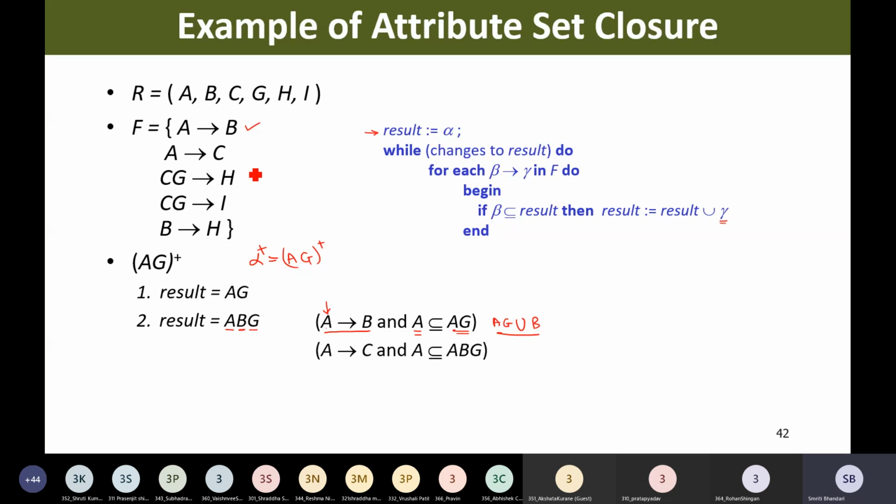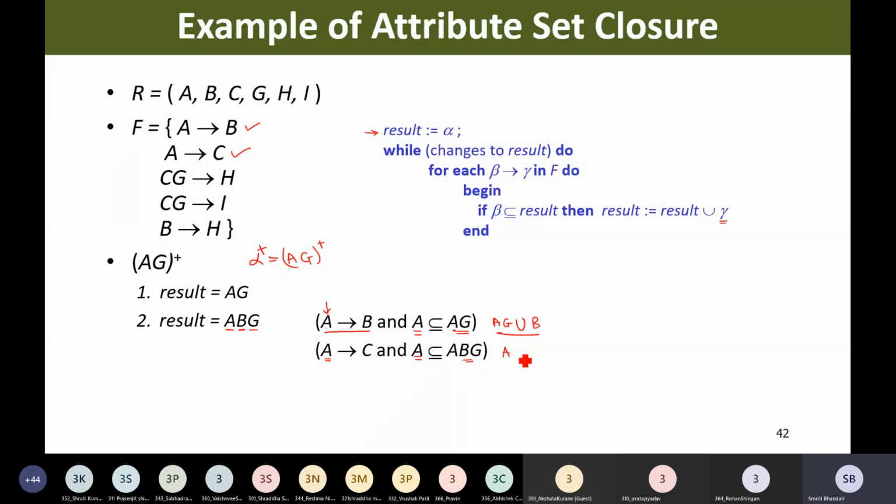Now what next am I going to do? I'm going to pick the next functional dependency, A to C. Once again, I'll check whether this left hand side A is a subset of my result. Now my result is ABG. Is A a subset of ABG? Yes.